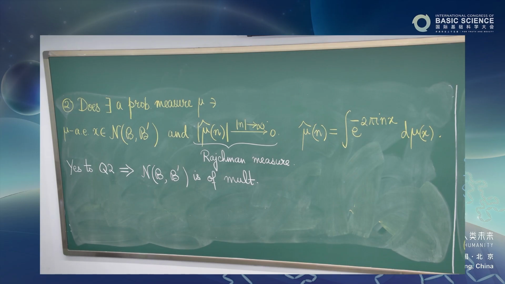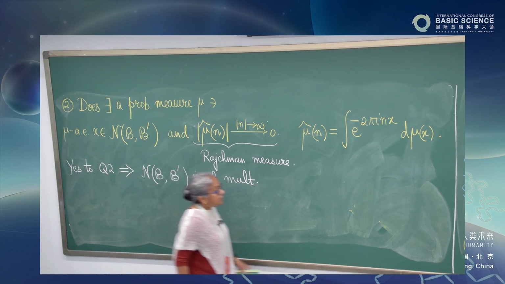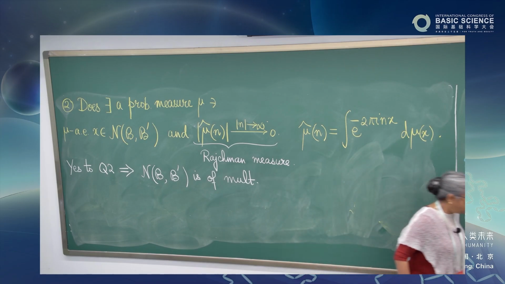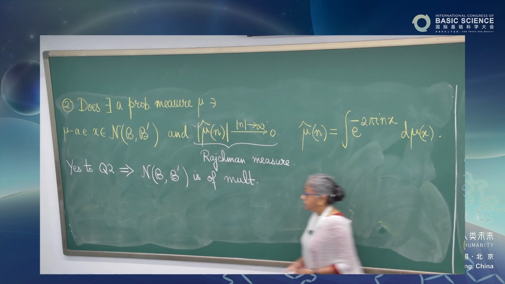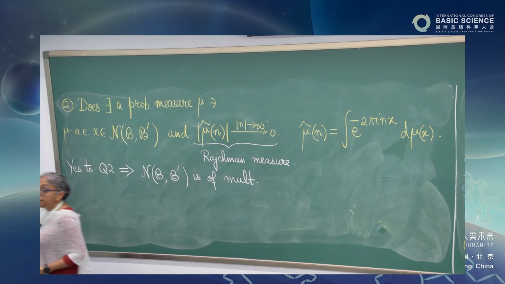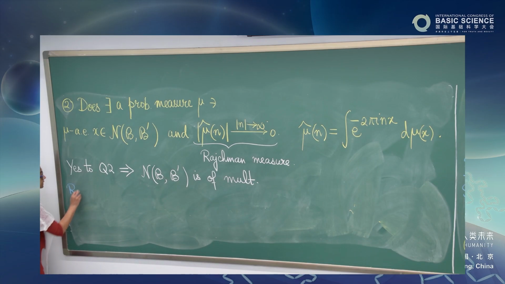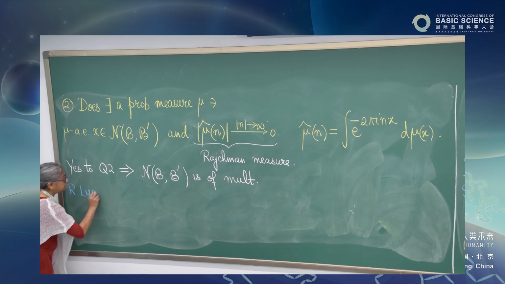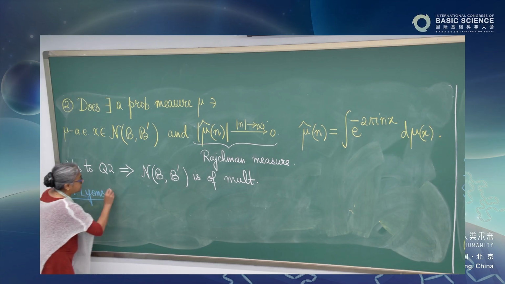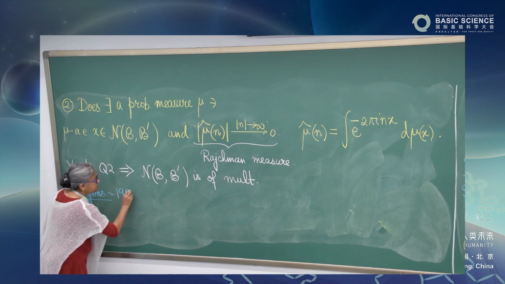All right. So at least now I'm in a position to say a little bit about the literature. The first real progress in this direction is due to Lyons, I think in 1986.